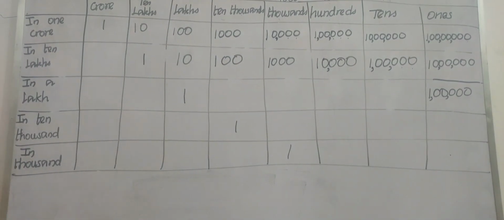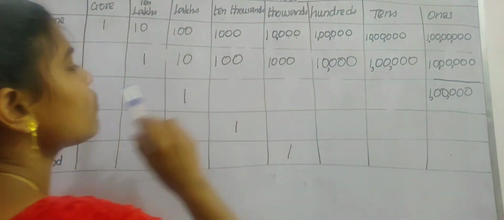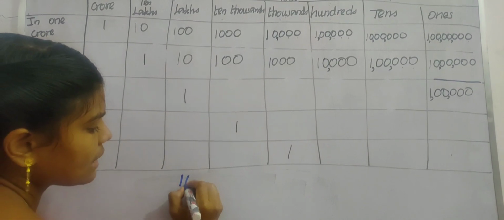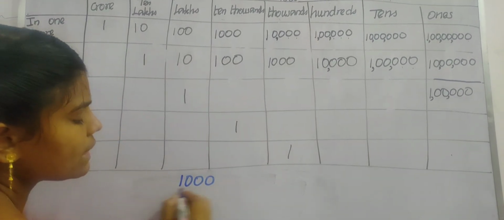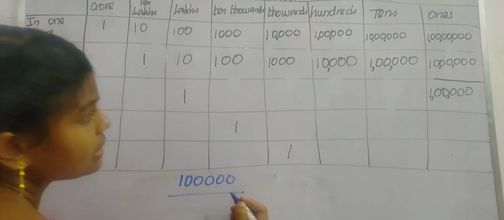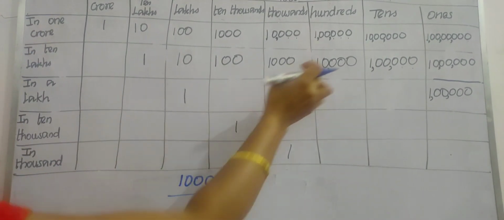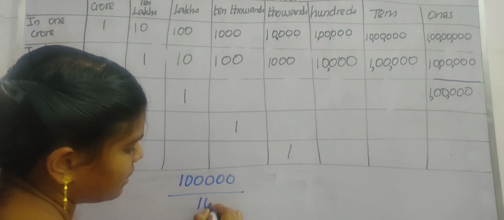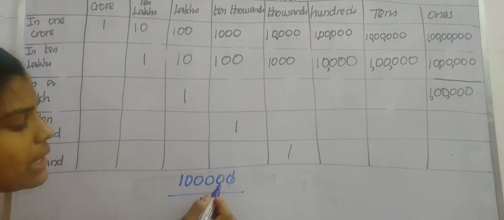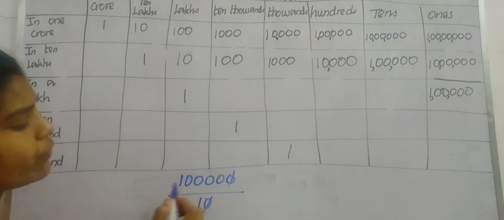So let us find how many tens are there in a lakh. We know a lakh is the smallest 6-digit number: 1, 2, 3, 4, 5, 6. Divided by tens means we need to put 10. So just strike out the zeros, 1 and 1. So how many zeros are remaining? 1, 2, 3, 4.